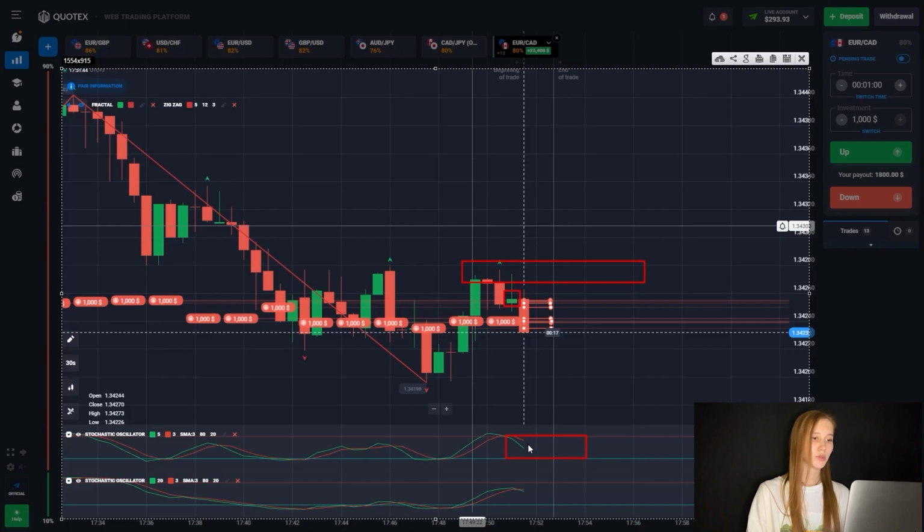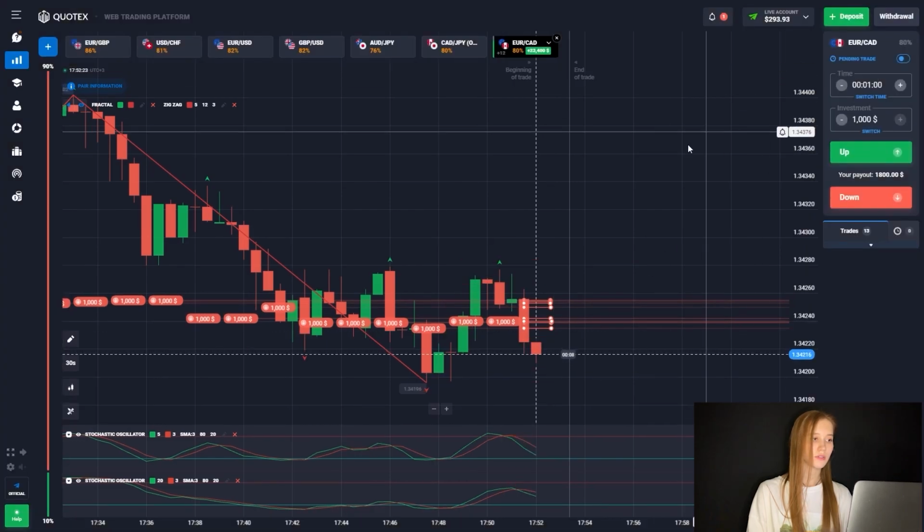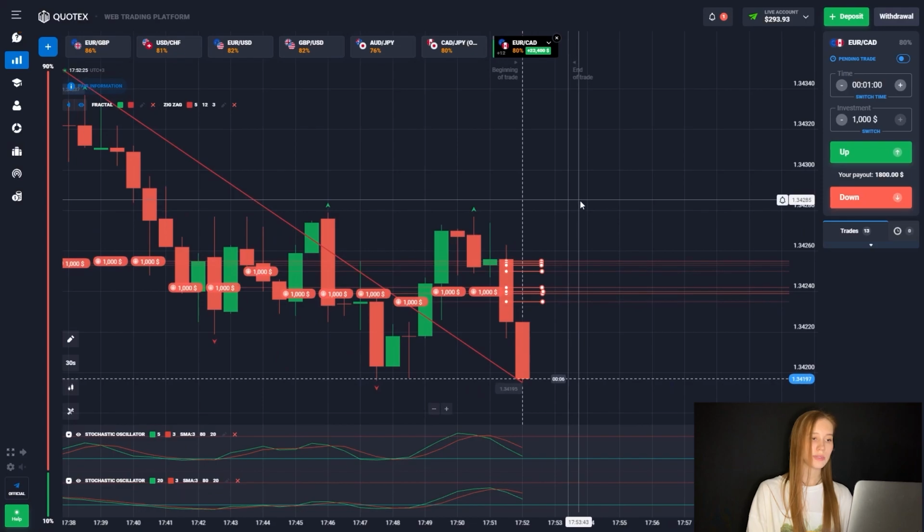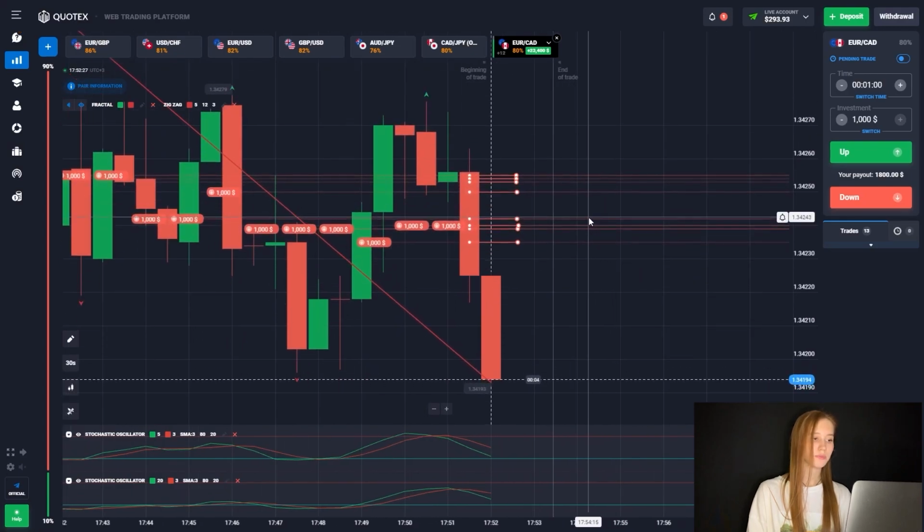And we mark a support zone for ourselves. Also mark a minimum zone for ourselves. And based on this, I think the movement should go down. We see a very strong down move.